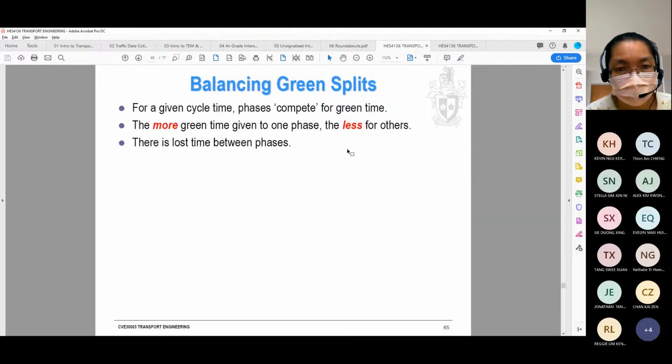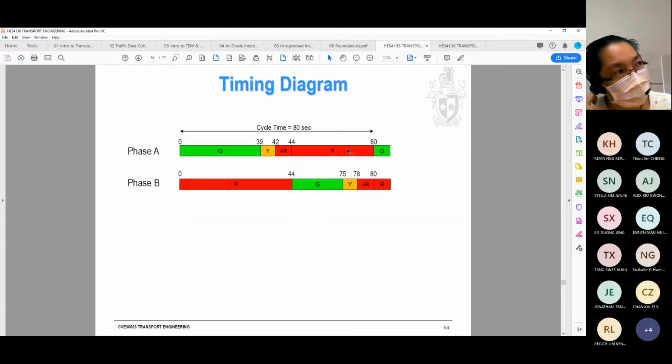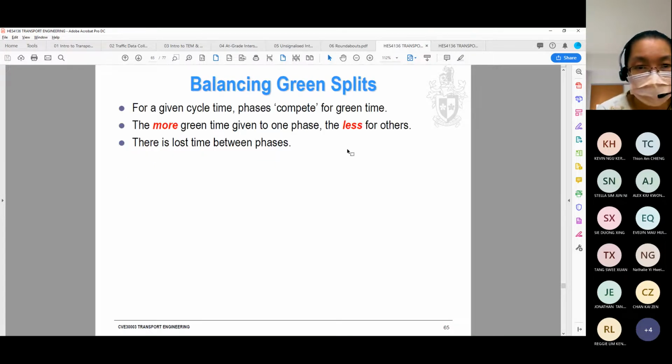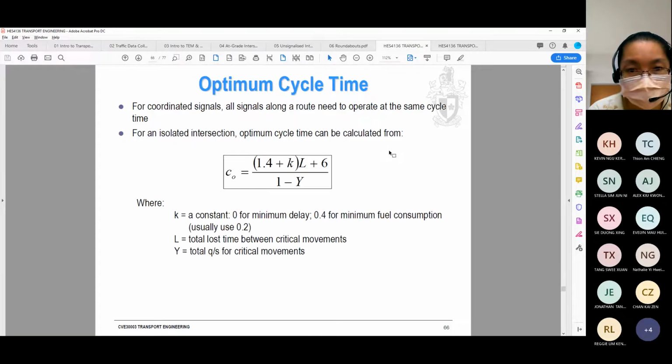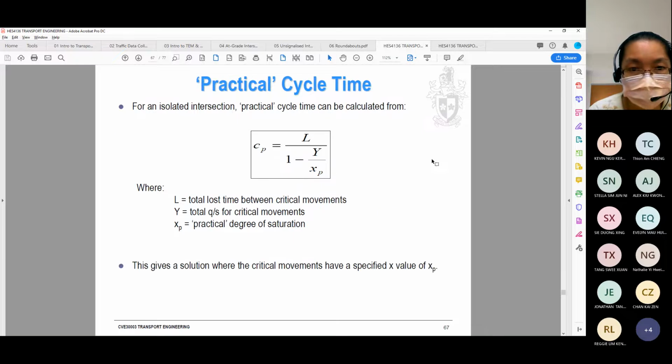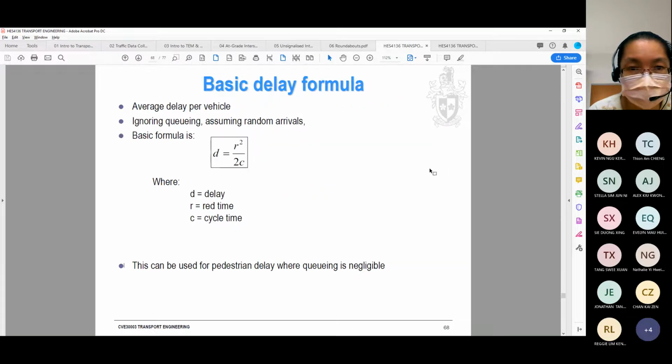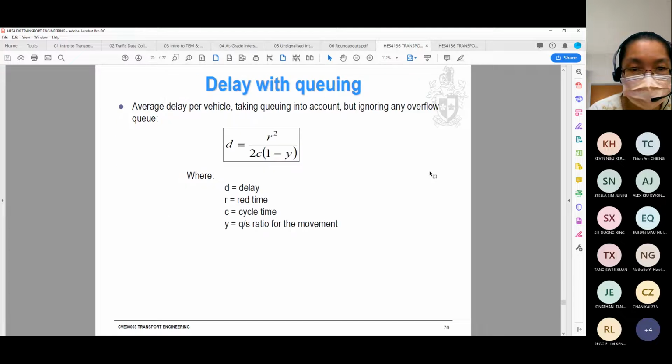With the timing diagram, we can also coordinate the traffic signals across a few different intersections. As I said just now, the more green time given to one phase, the less it is for others. Then we calculate the cycle time, the practical cycle time, and delay.